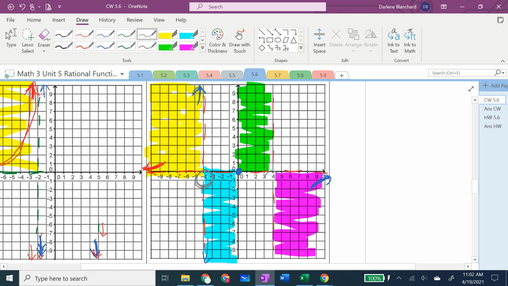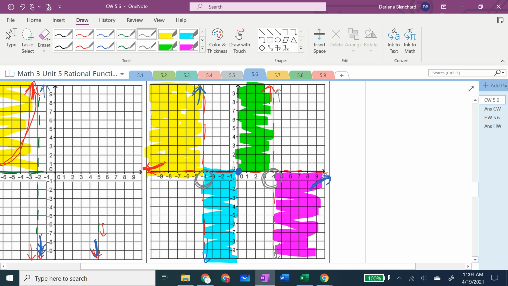Vertical asymptote number 2 is +4. It has two sides. On the left side, I am either heading up or down. Because I must be above the x-axis in that region, I am heading up. The right side of the vertical asymptote, I am either heading up or down.